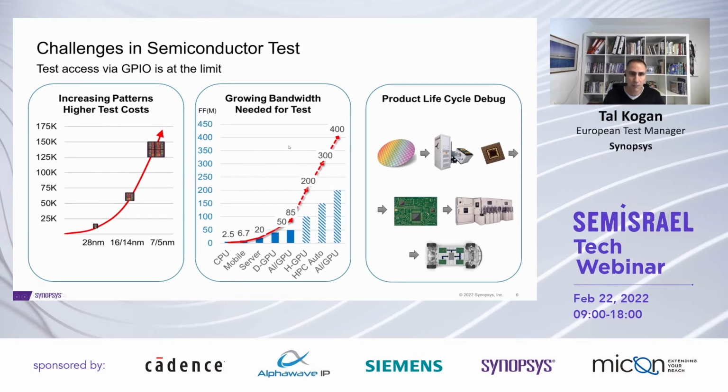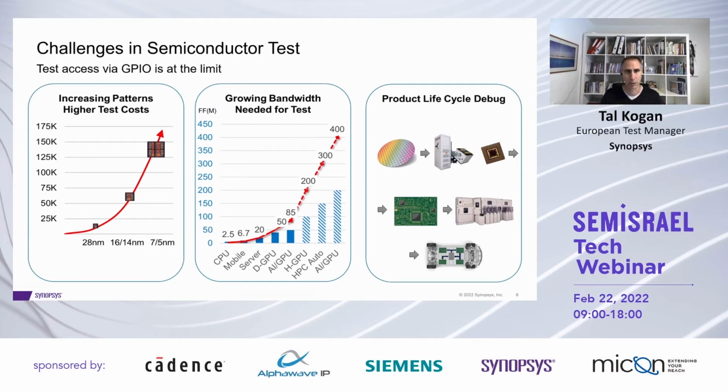The typical flop count in millions keeps growing according to the different usages of the SoCs. And then there is the demand for product lifecycle debug, whether it's in automotive use cases or, let's say, in cloud use cases for servers. Again, this is a big challenge for us.